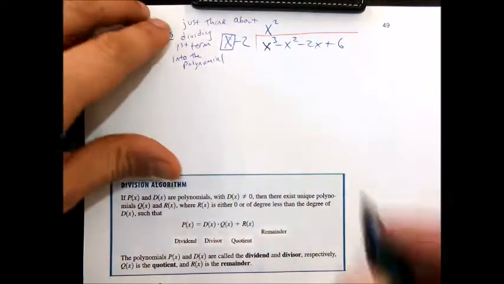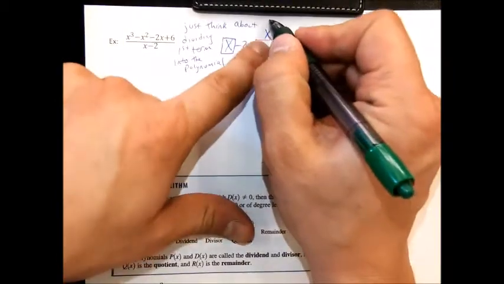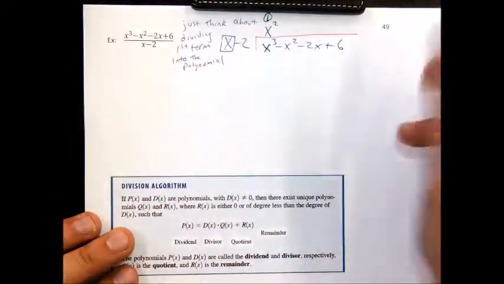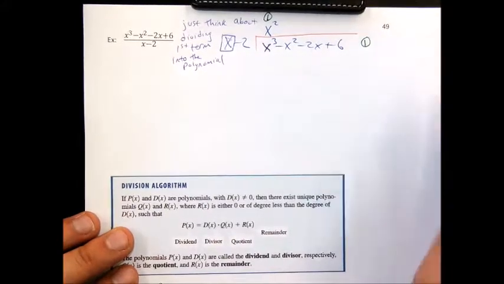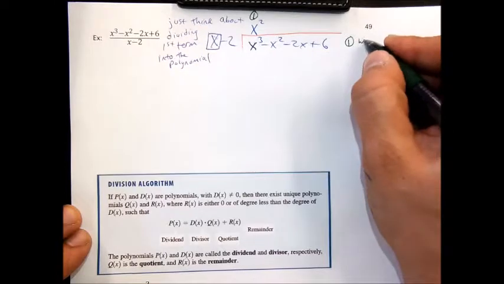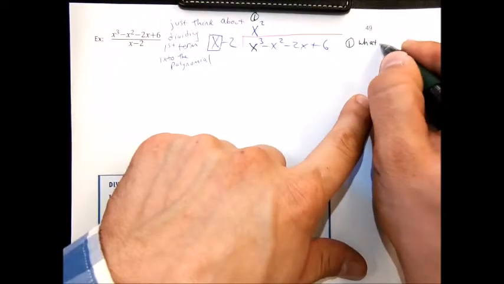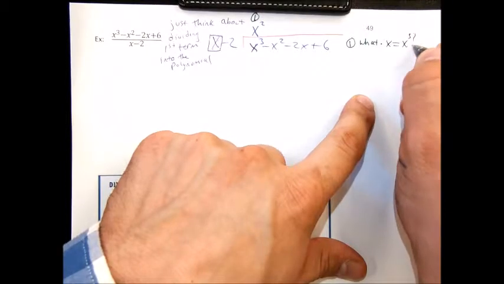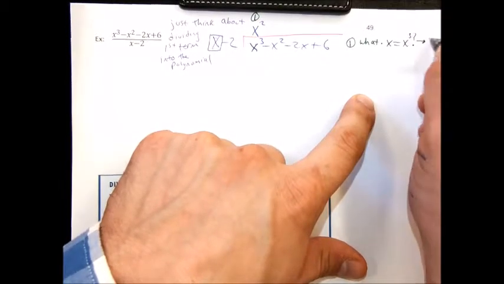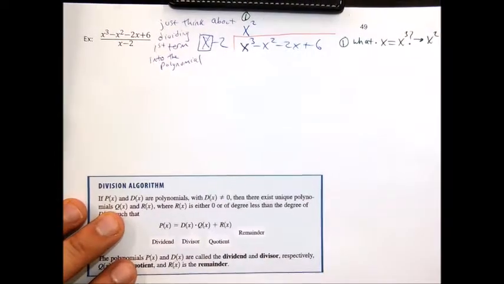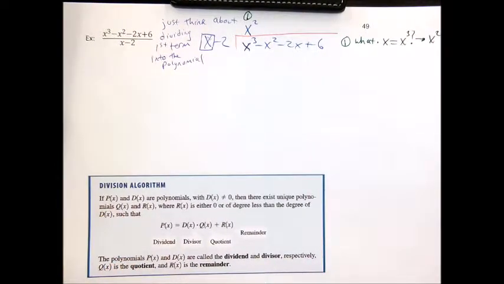And I'm going to write the details down again, mostly for later and for people who weren't here. I'm going to write a number 1 here, and then over on the right, I'm going to note how I got number 1. I got number 1 on this page by thinking, what times x gives me x cubed? And my answer was x squared, and so that's why I put an x squared on the top. Is that right?